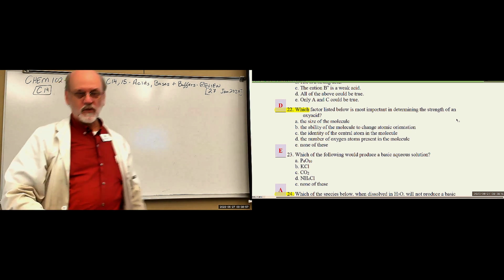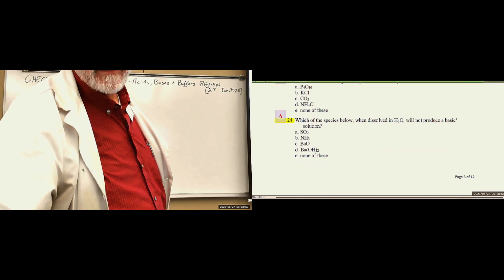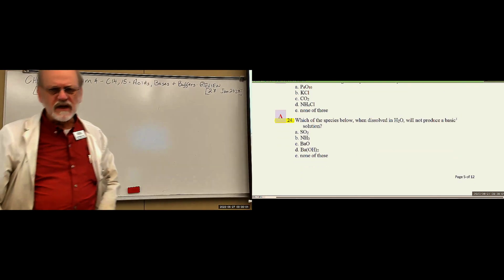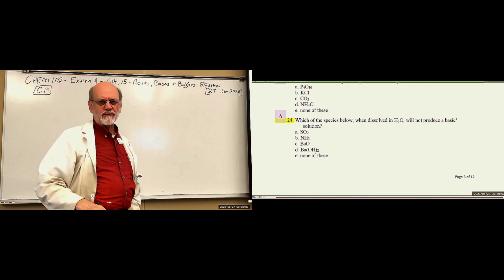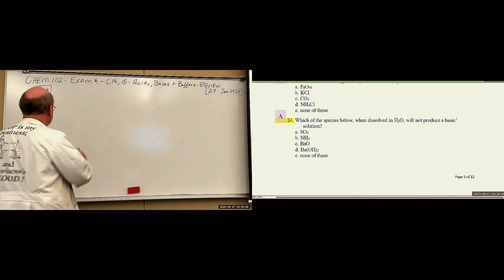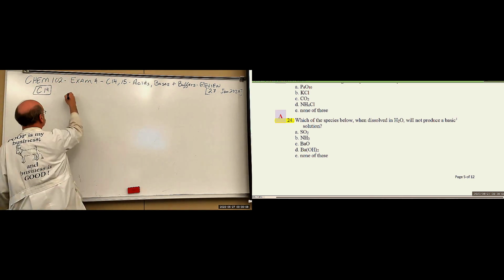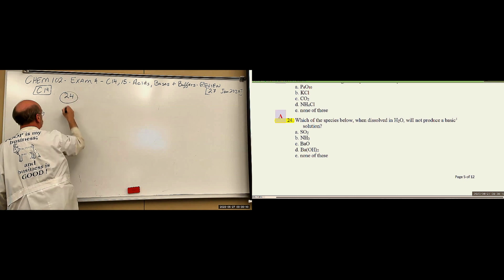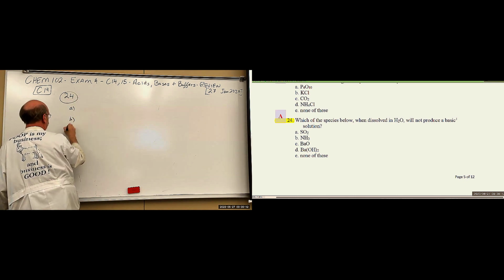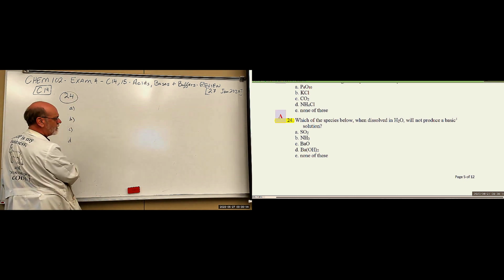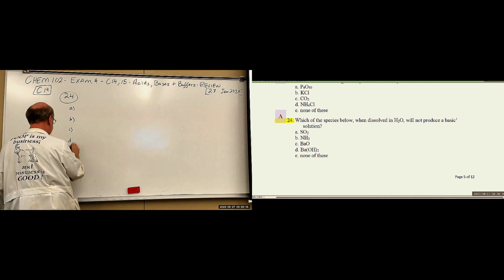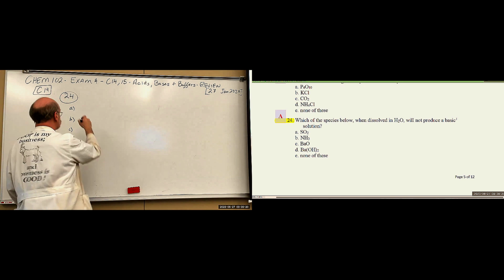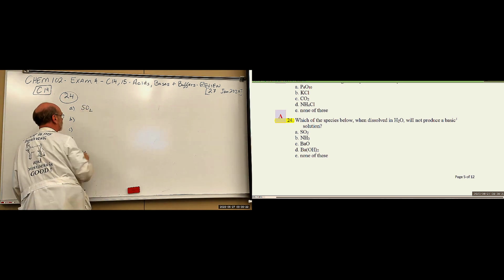All right, 24. Which of the species below, when dissolved in water, will not produce a basic solution? And E, none of these. First one is SO2. Okay.